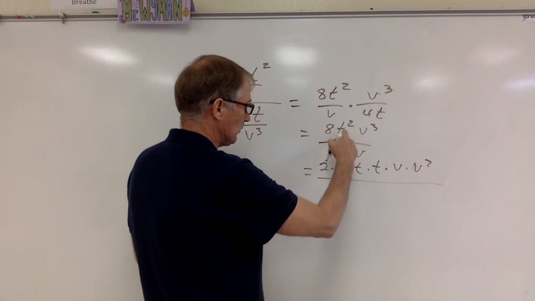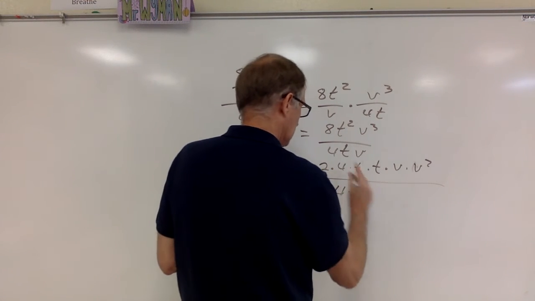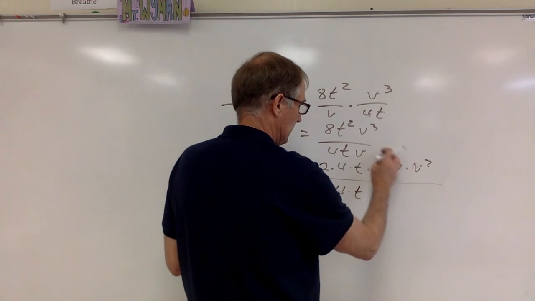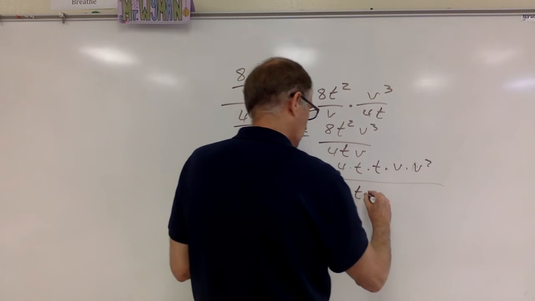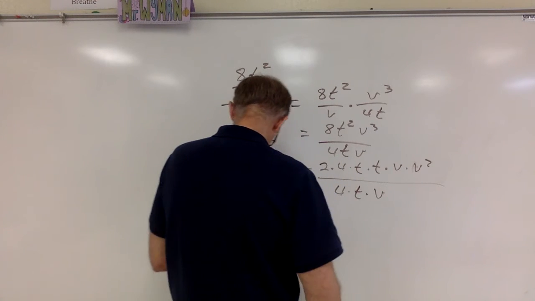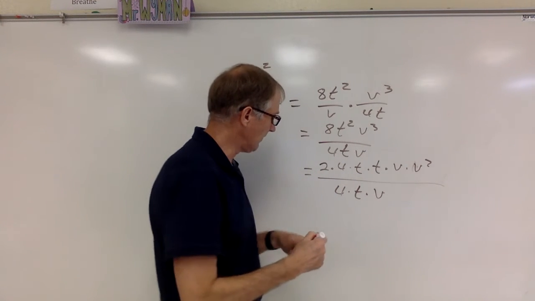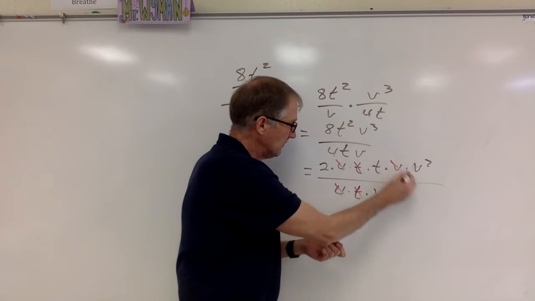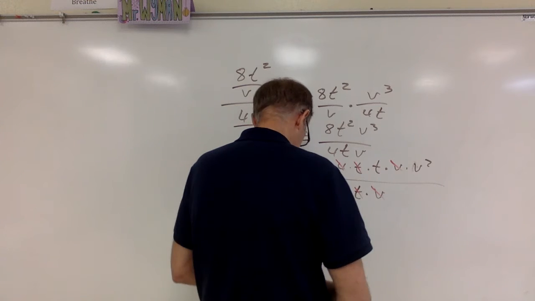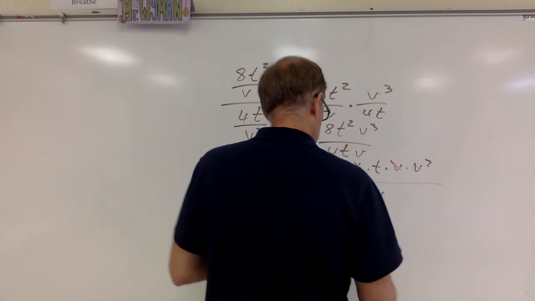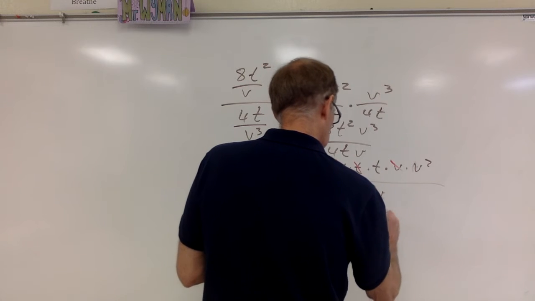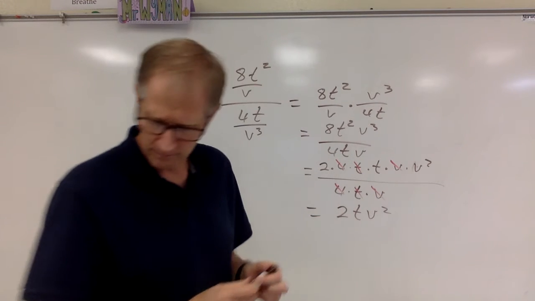This has a t, so that's why I did t times t. And here's this v. That's why I did v times v squared for v cubed, because there's a v here. Now, divide whatever you can divide. 4 divided by 4, t divided by t, v divided by v. And I get whatever's left over, which is 2t v squared. And that's the answer.